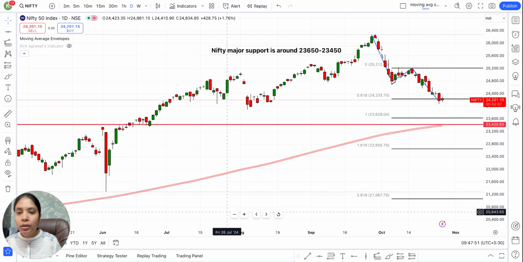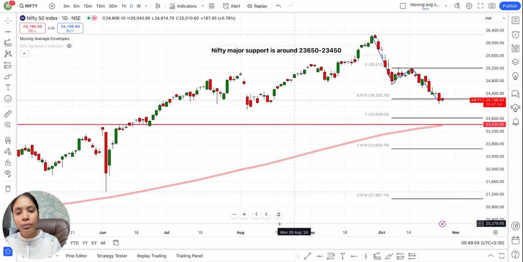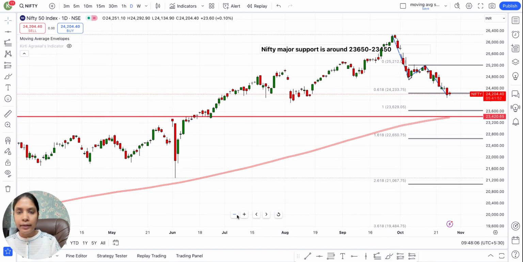If you're already long, since it is only 500 points, you can wait. If you want to protect your portfolio, you can create hedges by buying some puts. If you want to short and trade in options or futures, you can aim for 500 to 700 points on the downside.